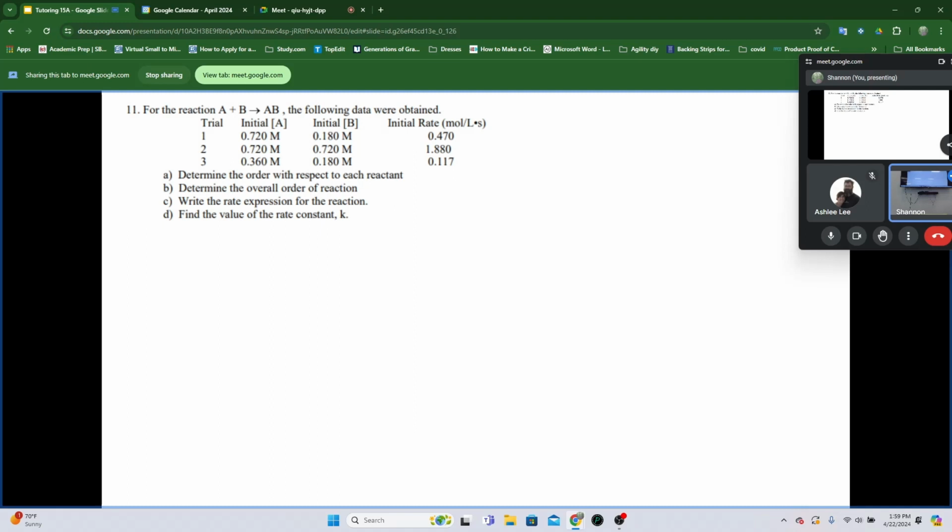Yeah, I got 4 for B. I divided 0.117 by 0.470. Is that right? No, because you always divide the biggest one by the smallest one.